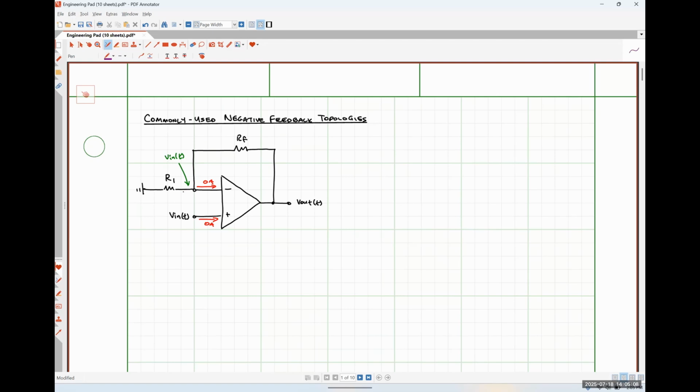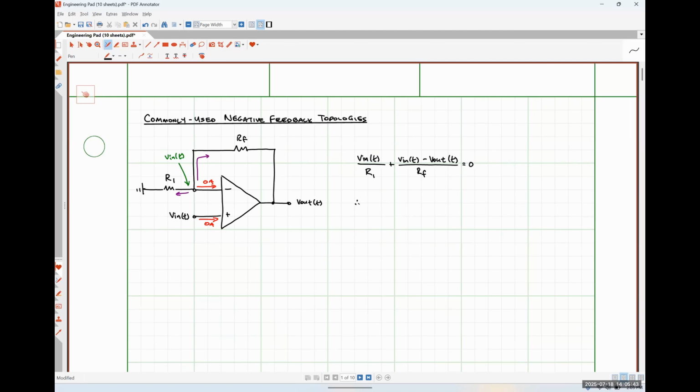Now I'm at the point where I'm going to be applying Kirchhoff's current law, so I'm adding this current and this current together, and I'll write that KCL equation over here on the right. So we would have Vn divided by our resistor R1 plus (Vn minus Vout) divided by our resistor RF is equal to 0.